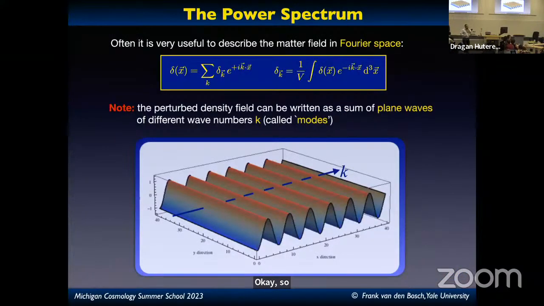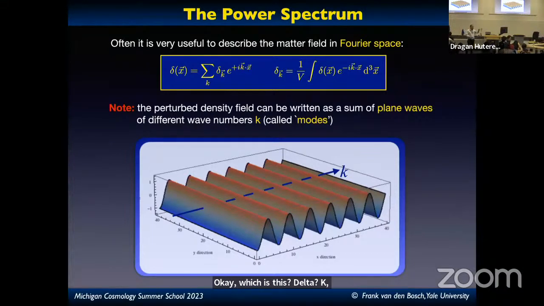What we often do is we take this density field and we break it down in Fourier modes. Standard thing you do in physics. We also do it for a density field. So we can think of this density field delta(x) as a sum of plane waves. Each plane wave has its own amplitude, which is this delta k, the amplitude of that mode.